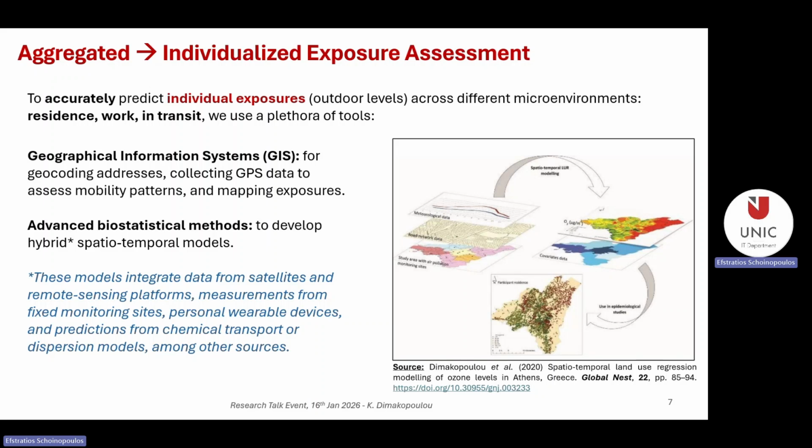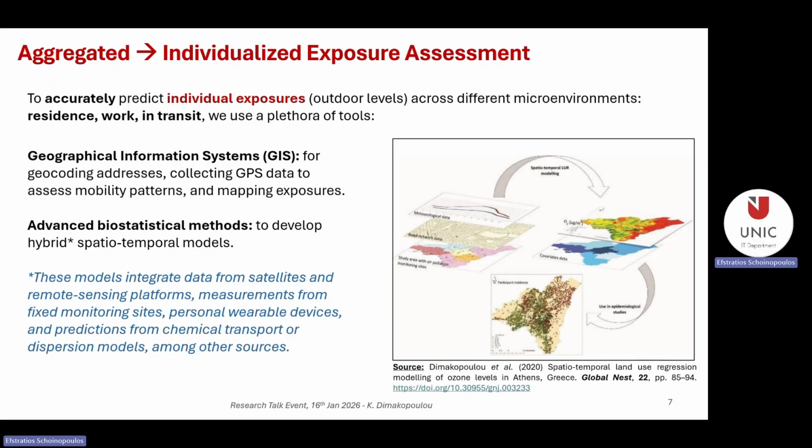And since other scientific fields have also advanced, we have the computational power to apply advanced biostatistical methods to develop hybrid spatiotemporal models.